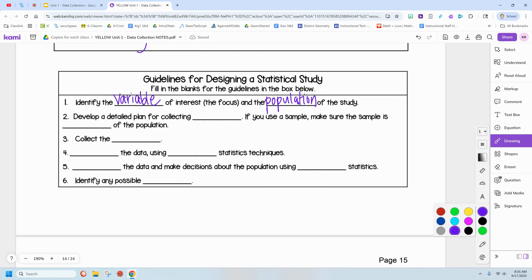All right, so now it says develop a detailed plan for collecting data. If you use a sample, we want to make sure our sample is representative of the population, right?